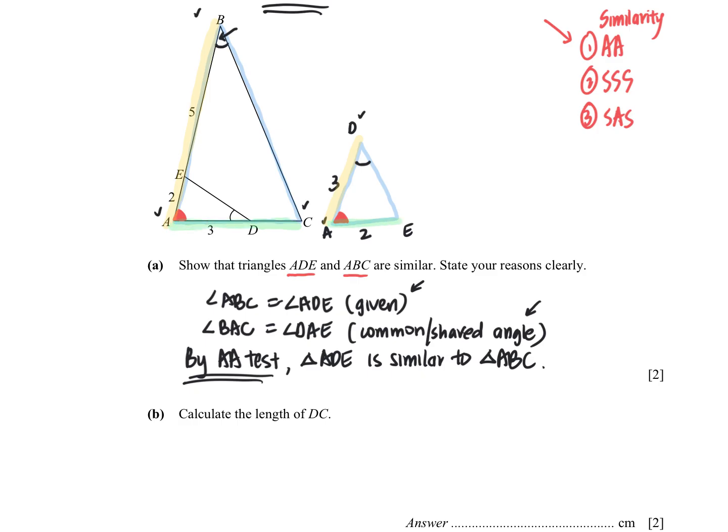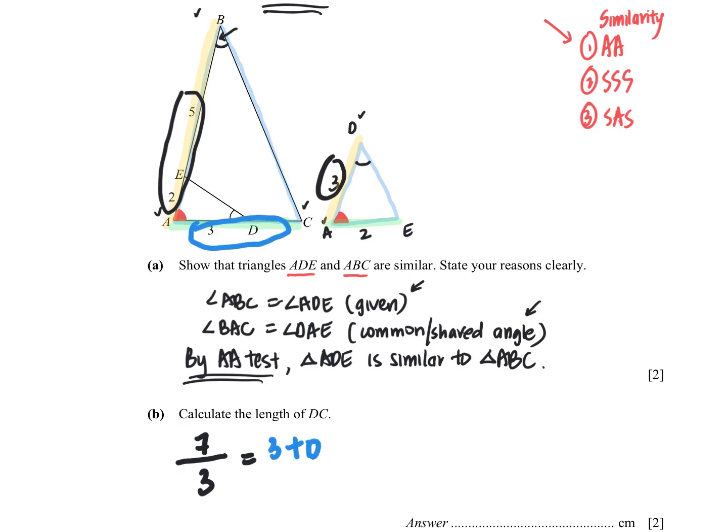So we can write it down first. First, AB is 7 and the ratio is with 3. It must be the same as the ratio of this, which is 3 plus DC over 2.